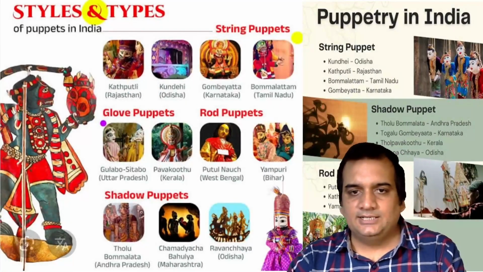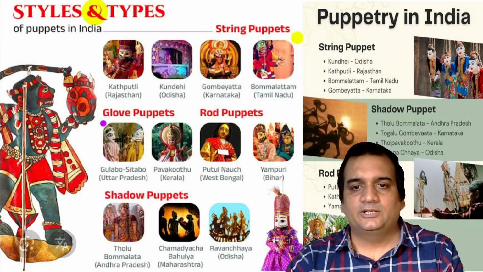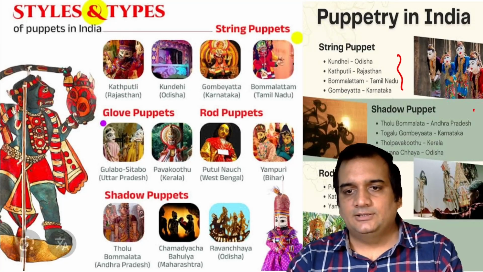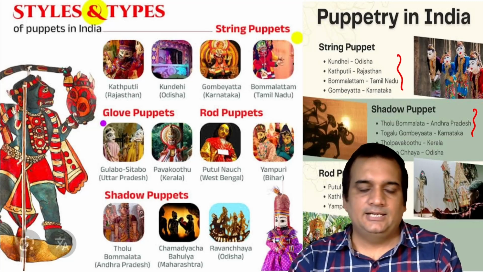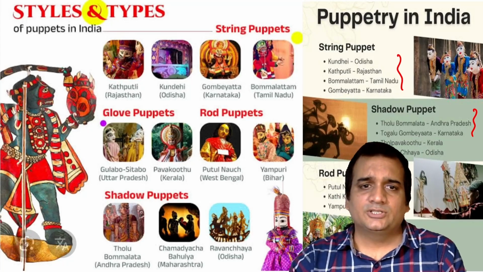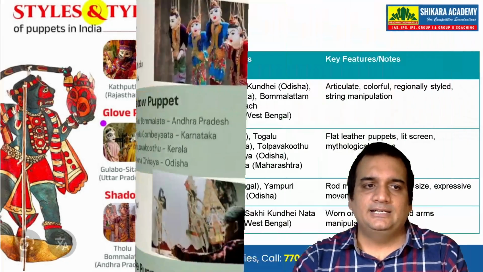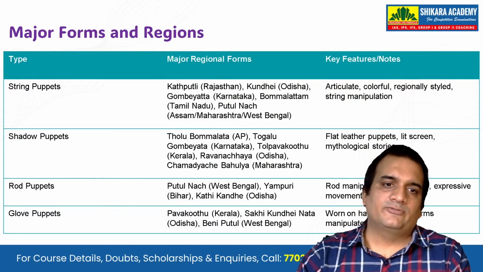What are the distinctive features of it? In this pic you can see the string puppets, which states they are very famous in, and you can also see the other pics which show how they are actually represented. Let's see one by one the major forms and the regions.